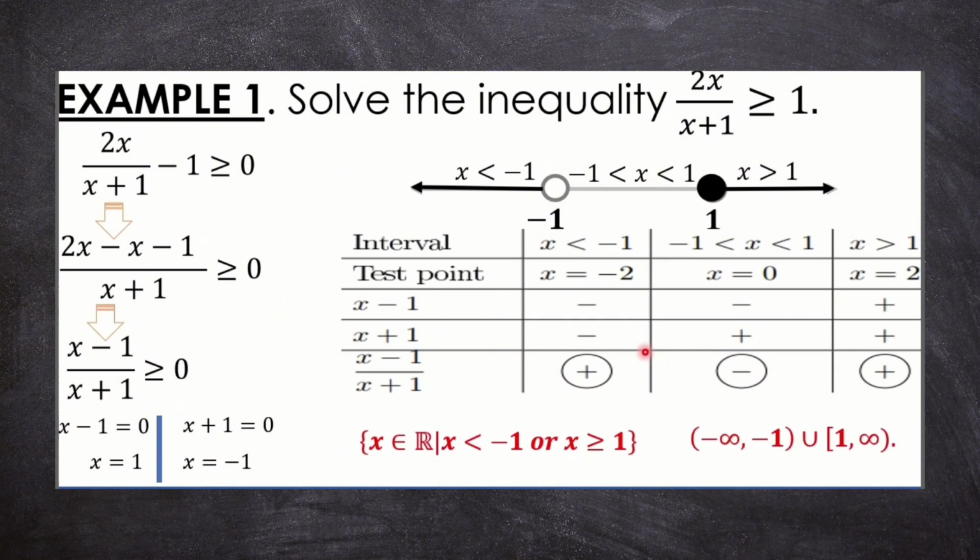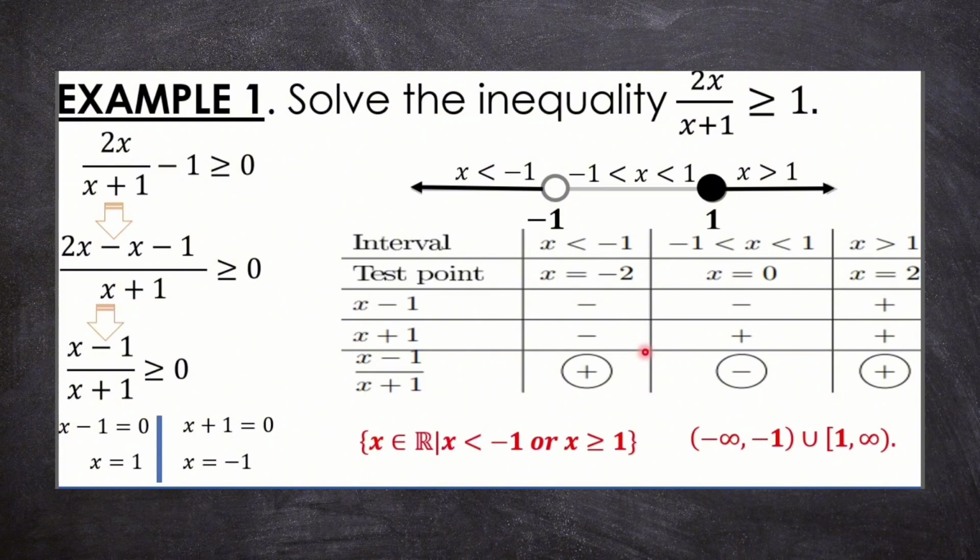Next is the test point 0. 0 minus 1 equals negative, and then 0 plus 1 equals positive 1. Multiply negative and positive, so it is negative. Lastly, the positive 2. 2 minus 1 is positive 1, 2 plus 1, that is positive 3. Because it is the same positive sign, it is still positive.